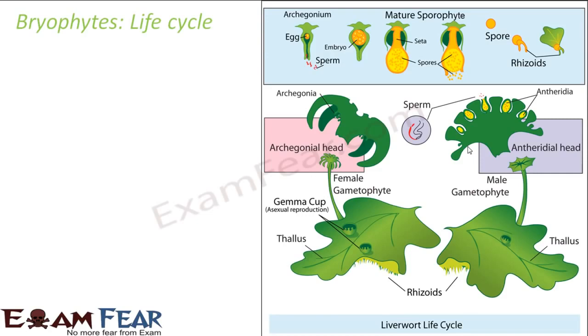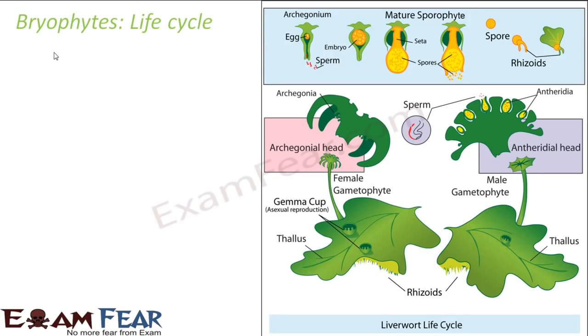As I told previously, water is extremely needed for the survival of a bryophyte. Water is an important thing. Now what is the role that water performs? Water carries the male gametes to the female gamete. As I said, the male gametes are motile, but the female gamete is not motile.